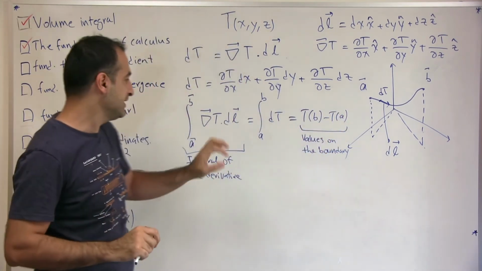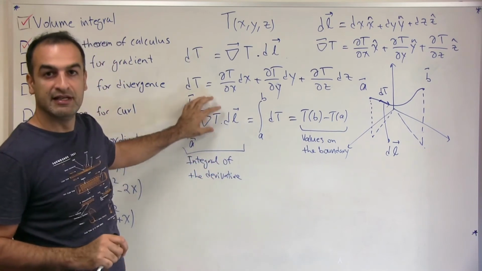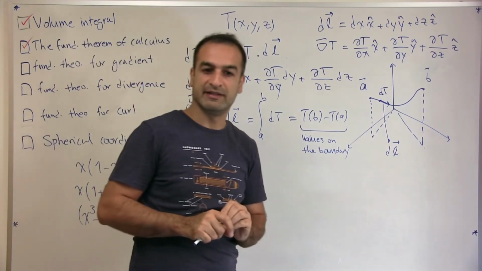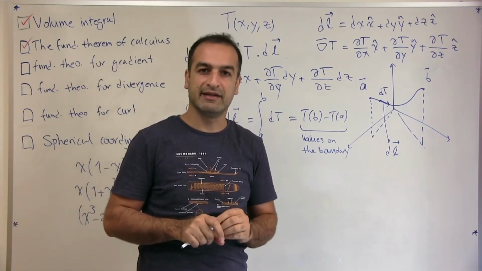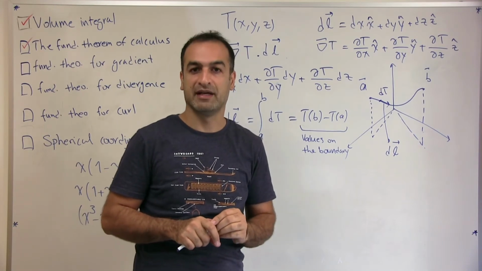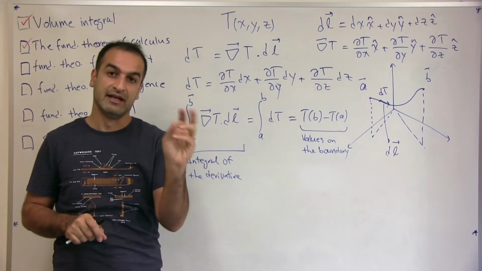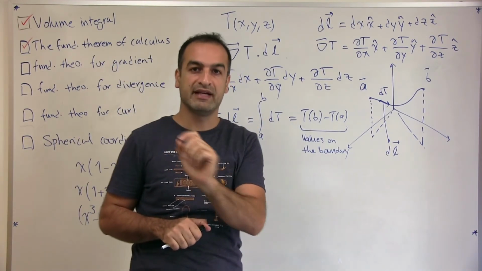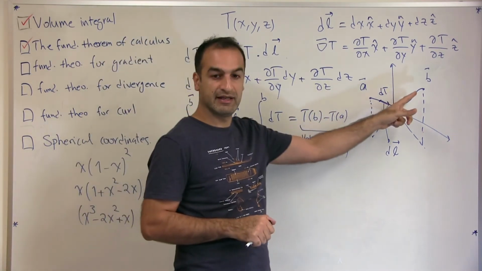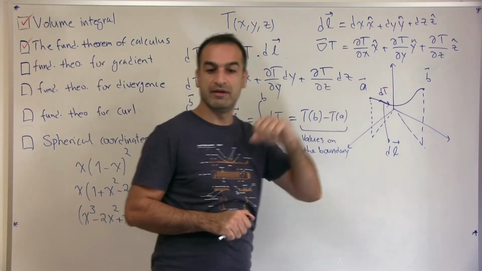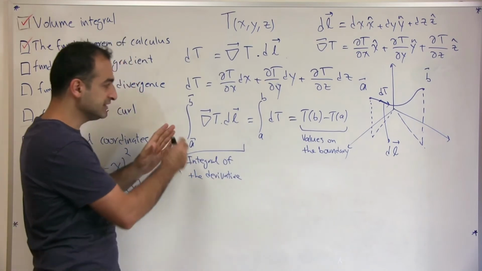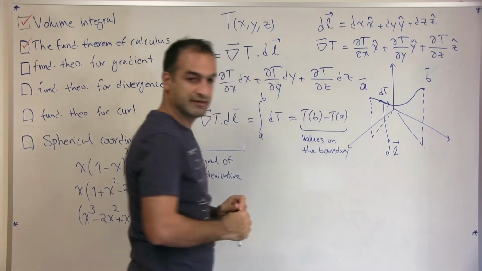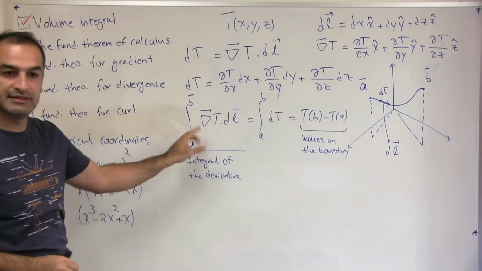The mathematical basis of that is that the vector can be written as the gradient of a scalar function. That also happens for the electrostatic field. The electric field can be written in terms of the gradient of the potential, and because of that, any line integral depends only on the boundary values. That is a characteristic of the gradient.